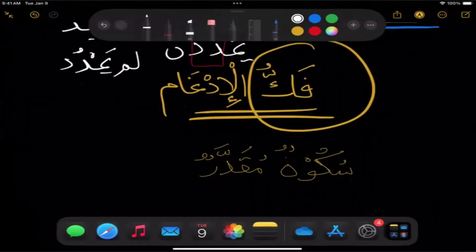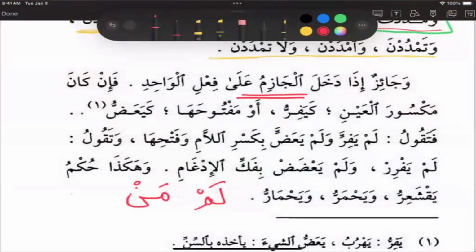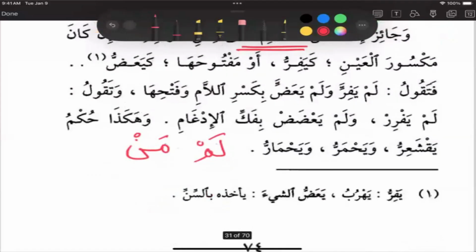So let's see what he says in the matn here. He says, it's going to be a permissible merger if the jazm enters upon the verb of one. When he says the verb of one, he means like when you say yamud, meaning he is one, and she, tamud.